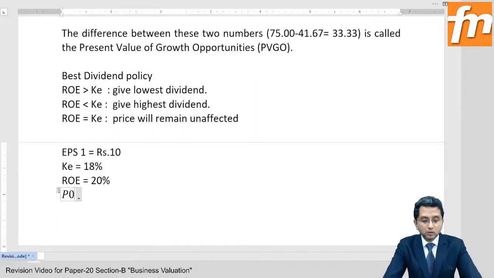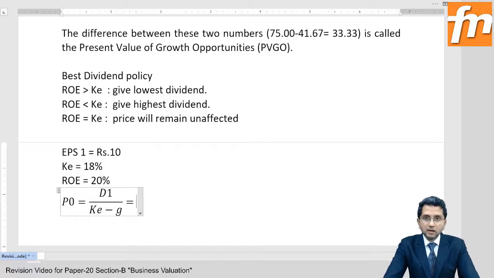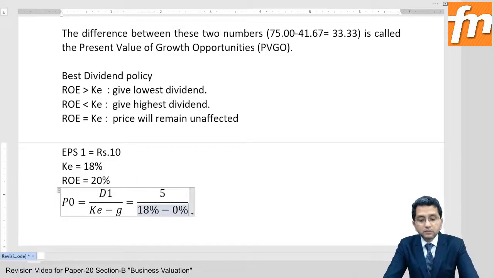Look here, P0 is equal to D1 divided by KE minus G. So let's take some scenario. If I give 100% dividend, 100% payout ratio, then D1 will be 5 rupees. Cost of equity is 18%, and growth rate will become 0%.